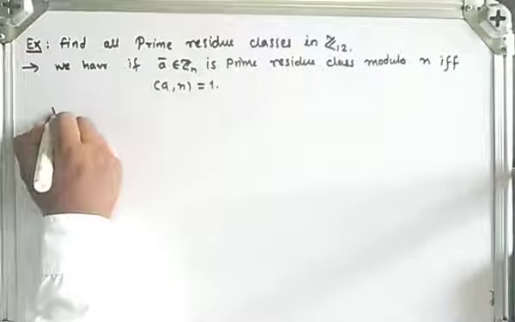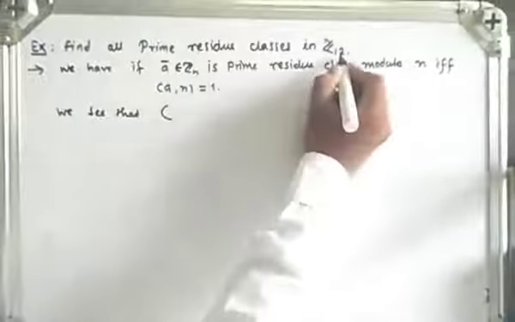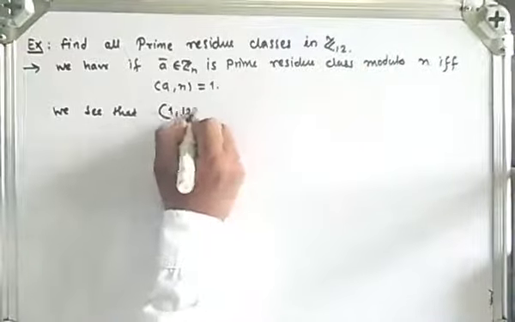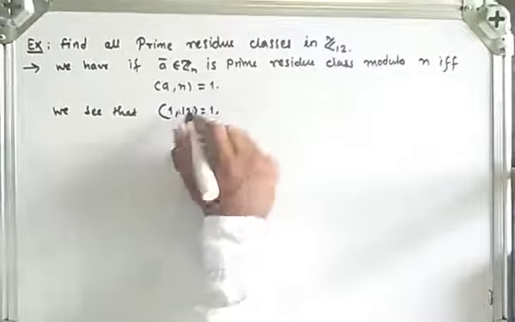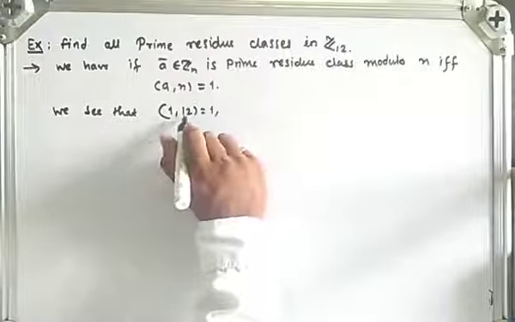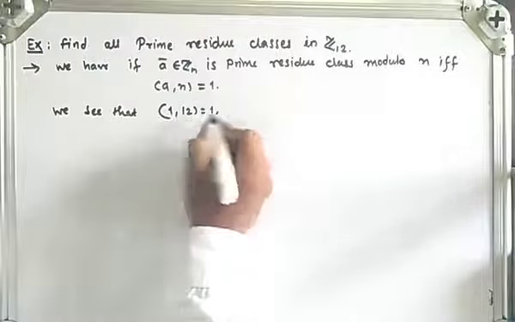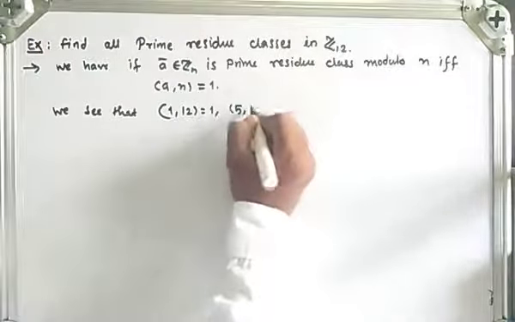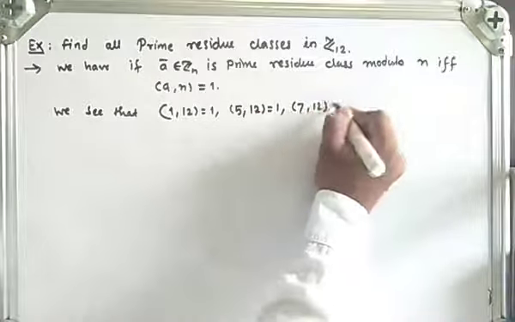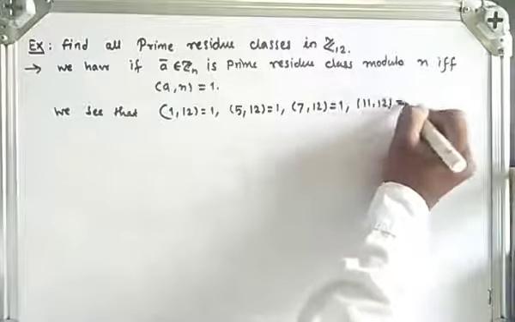So let's see. 1 and 12 have GCD 1. If I take 2 and 12, GCD will be 2. If I take 3 and 12, GCD is 3. If I take 4 and 12, GCD will be 4. Next, 5 and 12 have GCD 1. Next, 7 and 12, whose GCD is again 1. Next, 11 and 12, whose GCD is 1.